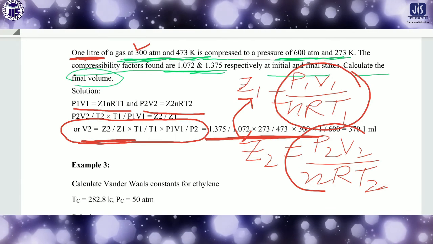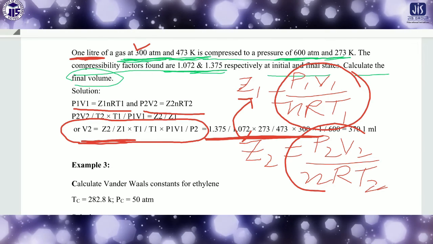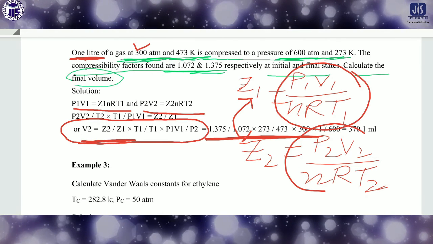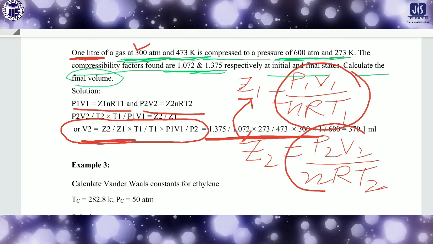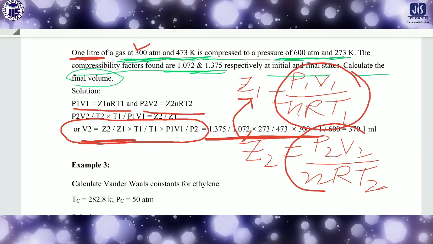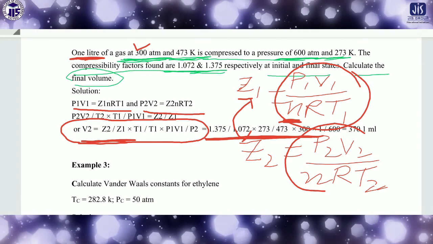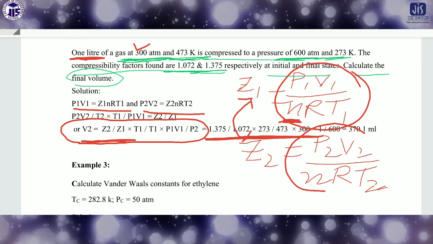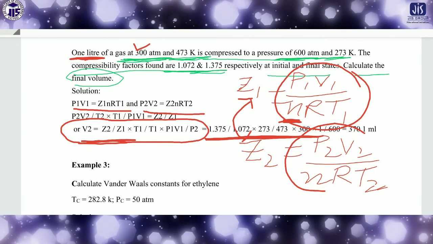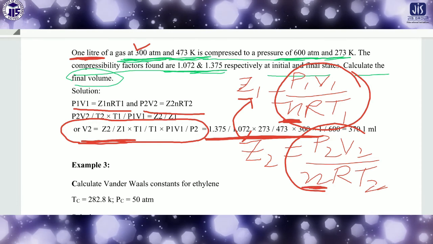We are calculating in liter atmosphere, so there is no change of unit. The value of n will be 1 in both cases, because the number of moles is the same. It is one gas at different temperatures, so the number of moles cannot change. So in both cases n will be the same, and n will cancel out.